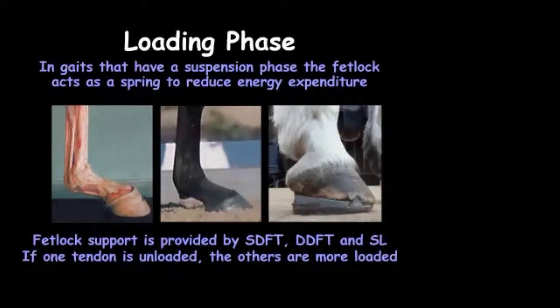If one of those is unloaded, for example, in the photo on the right here, we've got a horse with a heel wedge. That heel wedge is going to change the angle of particularly the coffin joint in such a way that it partly unloads the deep digital flexor tendon. And that's something you might use in a horse with a strained deep flexor.